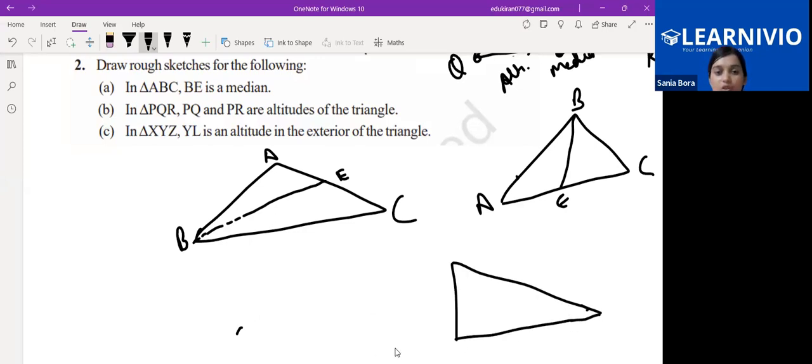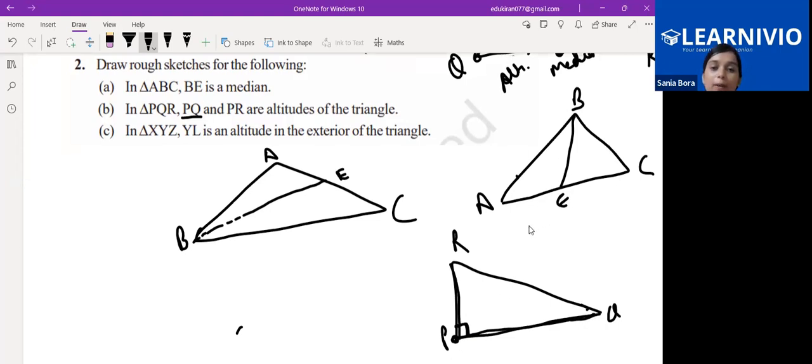This is your triangle, P, Q and R. Over here, PQ is an altitude. This PQ is also an altitude and this PR is also an altitude. Clear everybody?